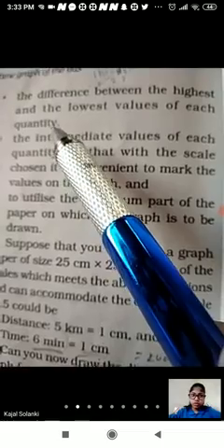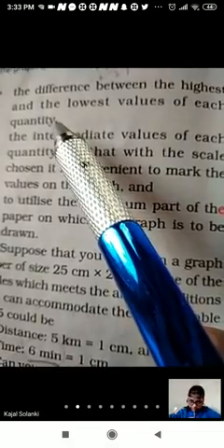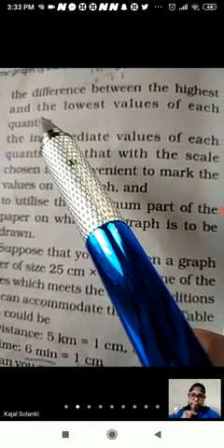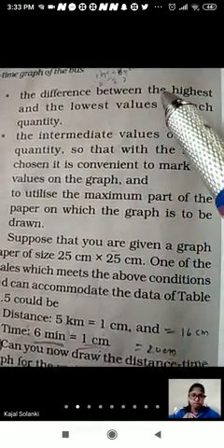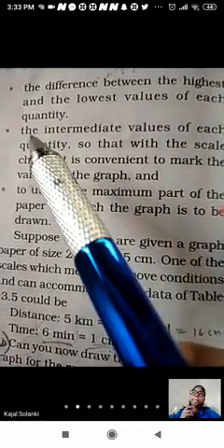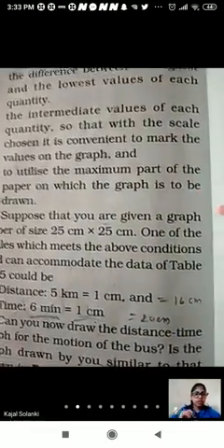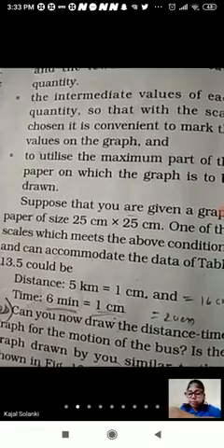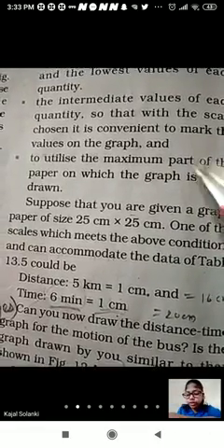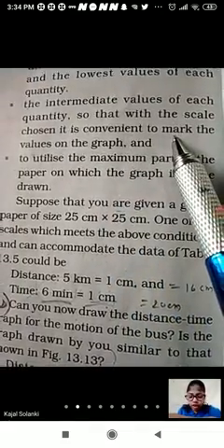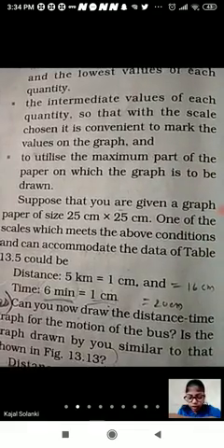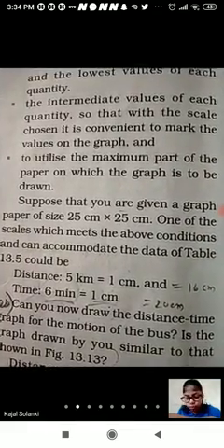Quantity means here our time is one quantity, distance is another quantity. Its starting point and highest value, you should know what they are; then only can you easily select the scale. Then the second point, read from here, Sonakshi. The intermediate values of each quantity, so that with the scale chosen it is convenient to mark the values on the graph and to utilize the maximum part of the paper on which the graph is to be drawn.